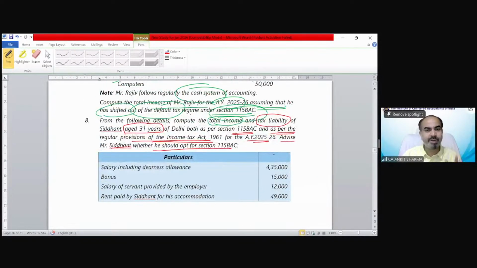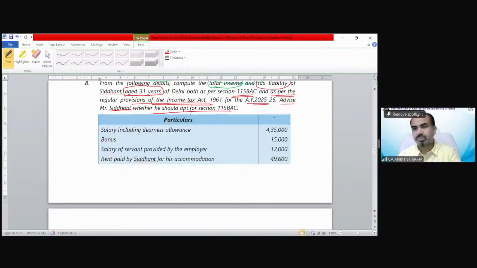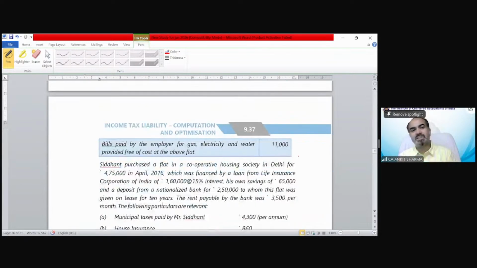First of all, we need to read it. Salary includes dearness allowance, 4,35,000. Bonus, salary of servant provided by the employer, rent paid by Siddhant for his accommodation, bills paid by the employer for gas, electricity and water provided free of cost at the above flat. Okay.